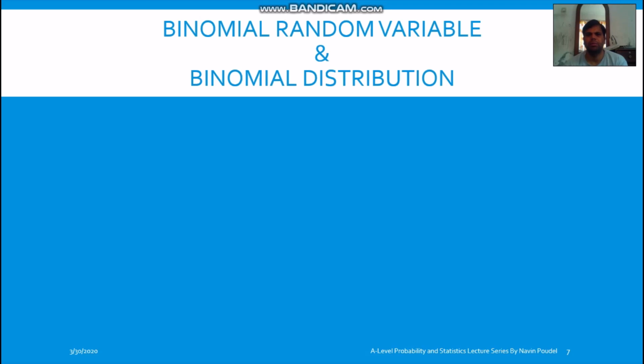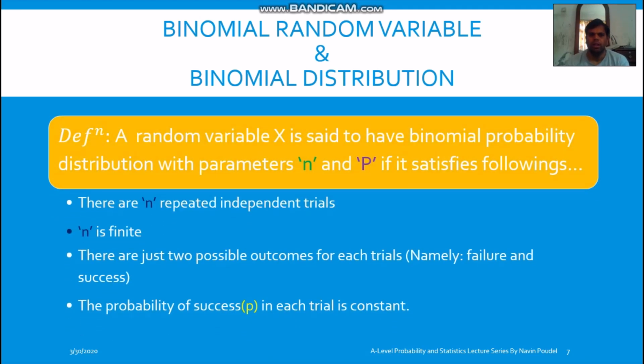Now, the binomial random variable and binomial probability distribution. A random variable X is said to have a binomial probability distribution with parameters n and p if it satisfies the following. These 4 points are the most important for a random variable to satisfy the binomial distribution. There are n repeated independent trials, and n is finite.